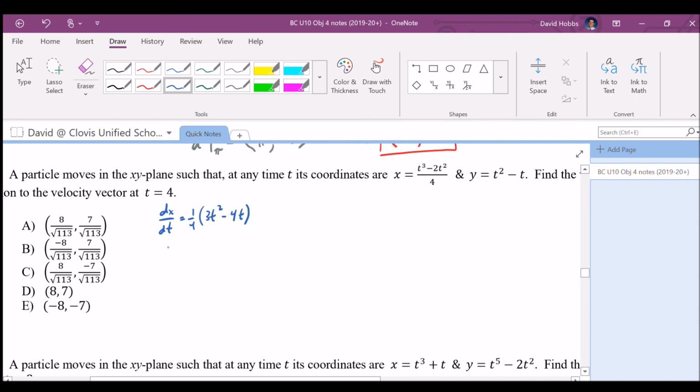And if I evaluate that at t equals 4, we get 1/4 times 3 times 16, 48, minus 16. So 1/4 of 32, which is 8.